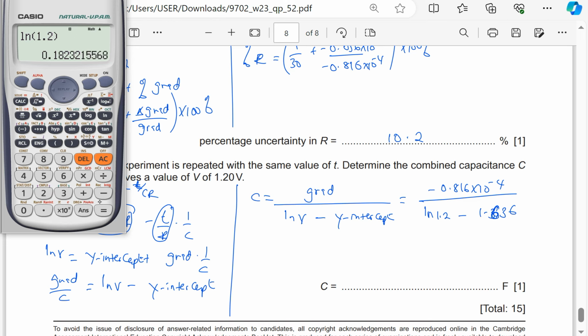So my answer would be positive. The numerator is negative 0.816 exponent negative 4 divided by the answer. So it is 5.61 times 10 to the power of minus 5 farads.